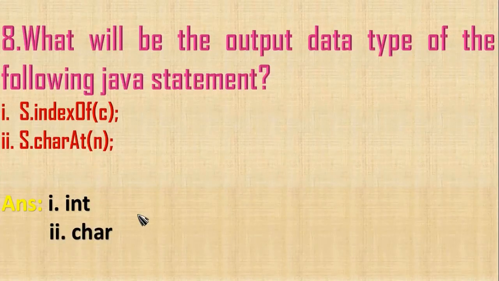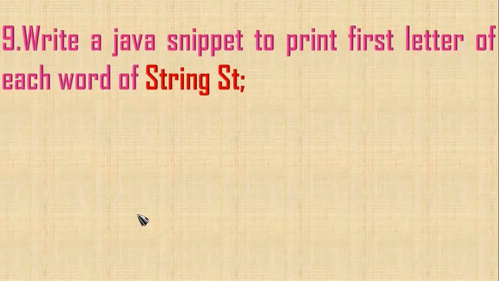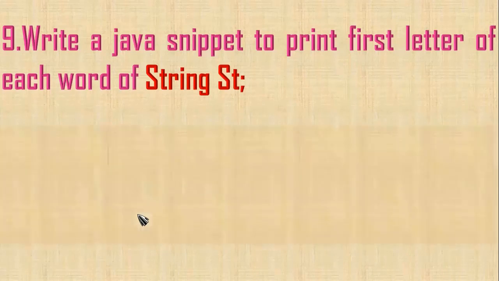Let us see the next question. Write a Java snippet to print the first letter of each word of string st. The value of st is not given, but it is a string type. It may have many words, so we have to print the first letter of each word. How do we differentiate a word?